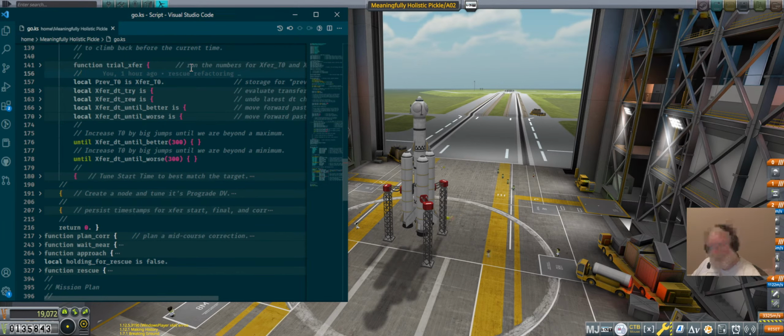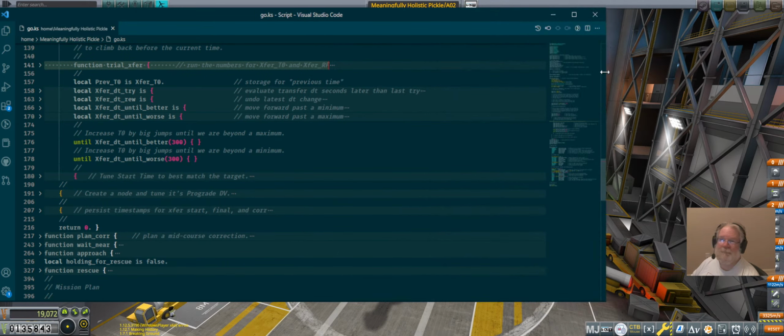If it's on the next line after the block and extended, it will still show up here. What I wanted to do is close things like this down to a single line. It says function, trial transfer, run the numbers for yada yada yada. And I code wide. And it's not just because I spent 4 years battling against Java.